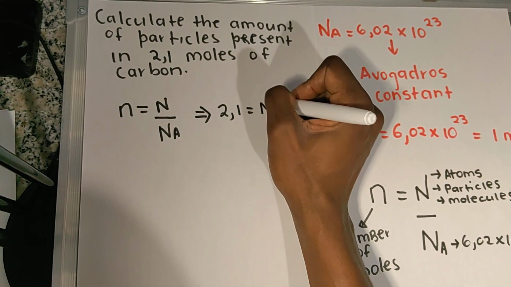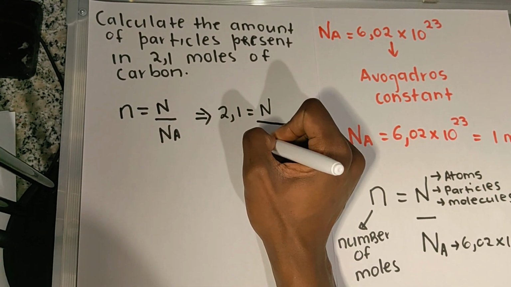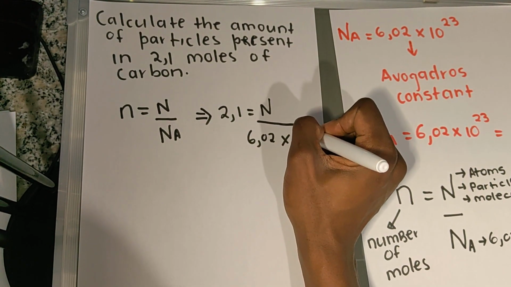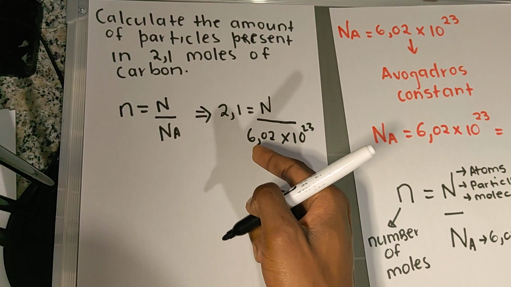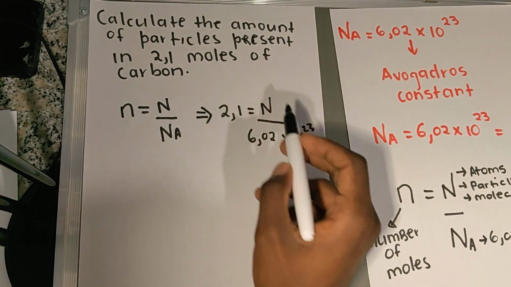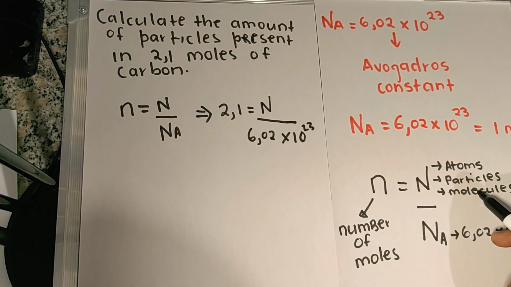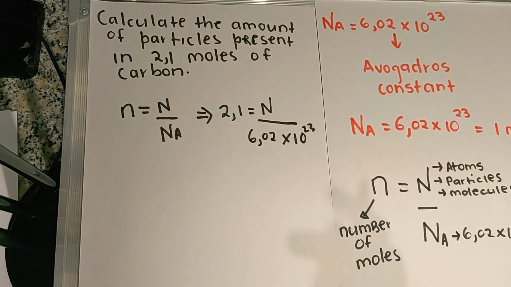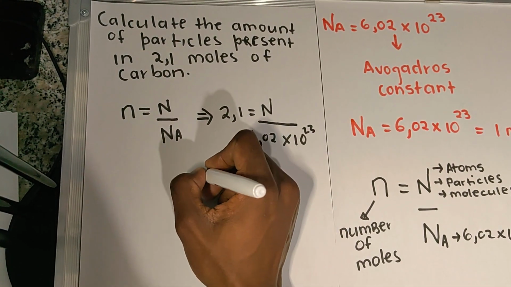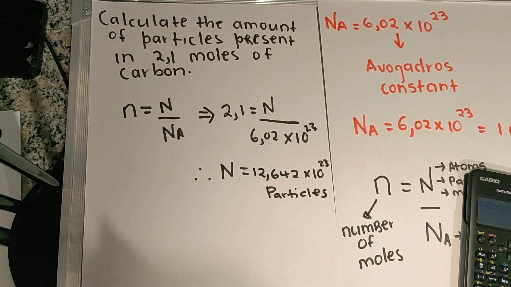We are looking for the number of particles divided by the Avogadro's constant, 6.02 × 10^23. So this number represents the number of particles in this case because we want to find the number of particles. So this number can change to be atoms, it can change to be molecules. So now we can use our calculator to cross multiply and find the value of n. So finally, the number of particles of carbon will be equal to that.